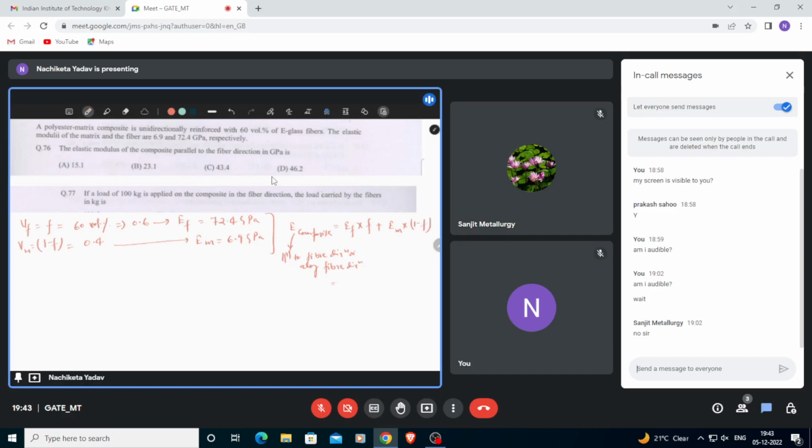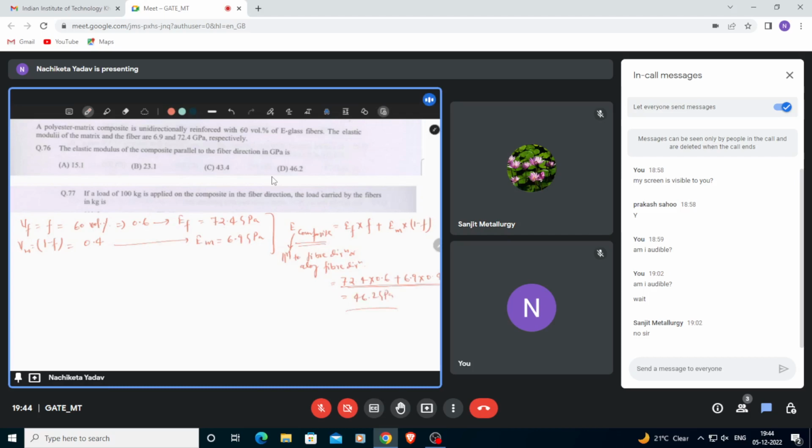Simply if we put the values, we will get E composite. EF 72.4 into 0.6 plus 6.9 into 0.4. So what will be this value? E composite will come to nearly 46.2 gigapascal.